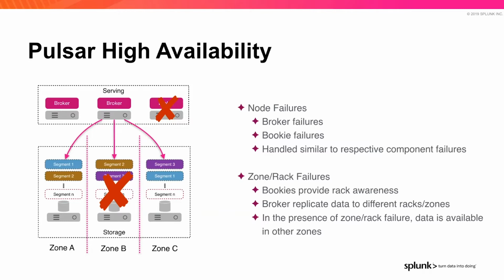That way, when a particular zone goes down, not only do the segments become inaccessible on the zone A nodes, the reads and writes will shift to the other zones, B and C. So that way, we can survive zonal failures very easily. In the presence of zone and rack failures, data is available in other zones.